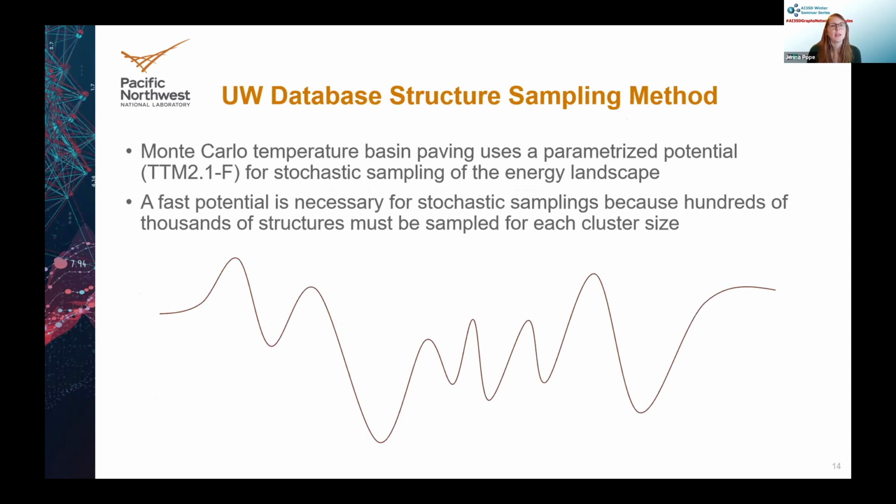Our collaborators at the University of Washington, along with their collaborators at Jawaharlal Nehru University, use Monte Carlo temperature basin paving, which applies a parameterized potential for stochastic sampling of the energy landscape. And so each Monte Carlo step lands somewhere on the potential energy surface and is then relaxed to the nearest basin.